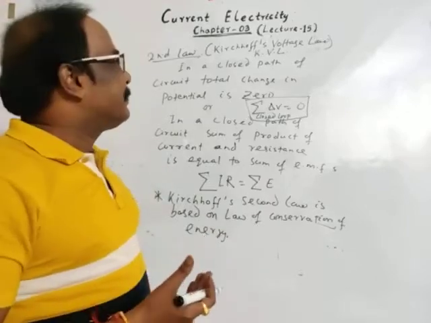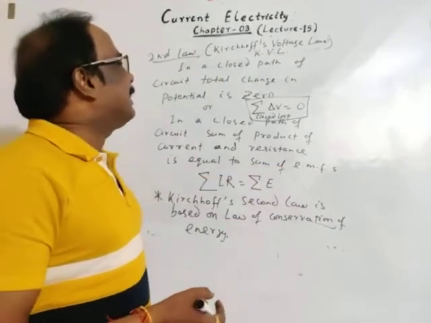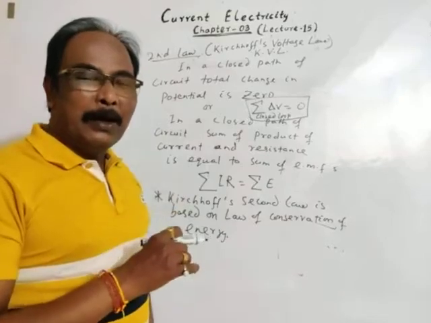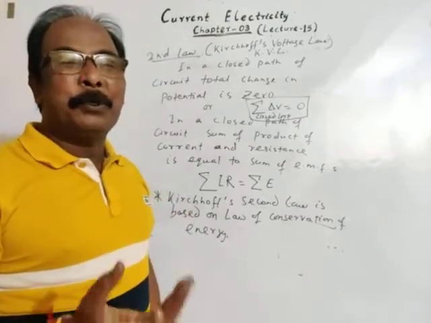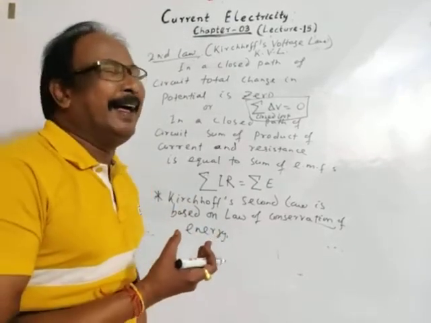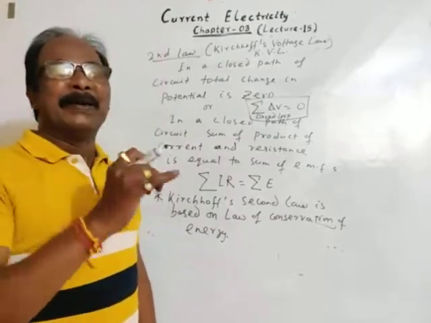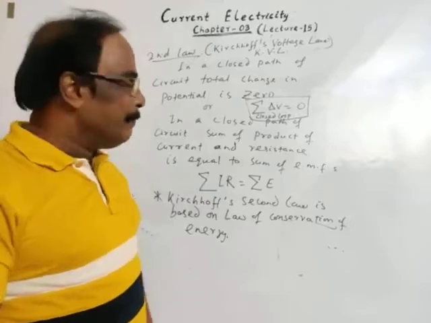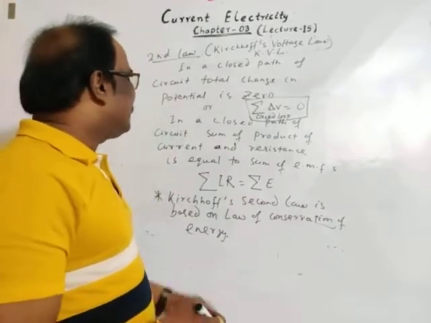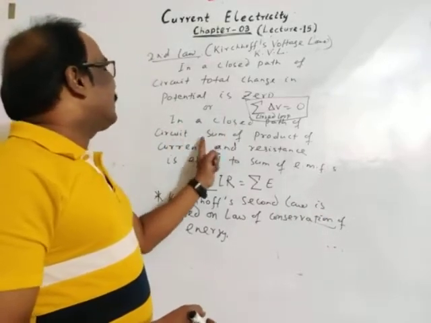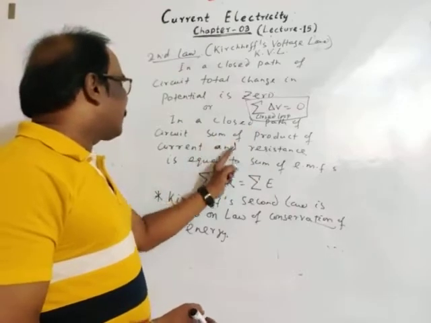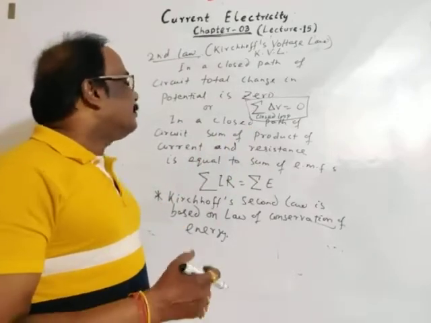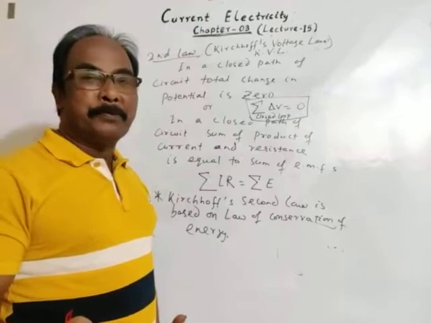So Kirchhoff's second law is called Kirchhoff's voltage law, or Kirchhoff's loop law. The total change in volt is zero, or in a closed path of circuit, the sum of the product of current and resistance is equal to the sum of EMFs.